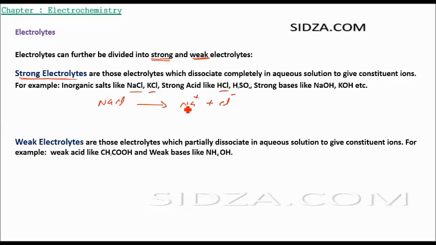If you take HCl, it will dissociate into H plus and Cl negative when dissolved in the aqueous medium. So strong electrolytes dissociate completely in aqueous solution to give the ions. That's why these are called strong.